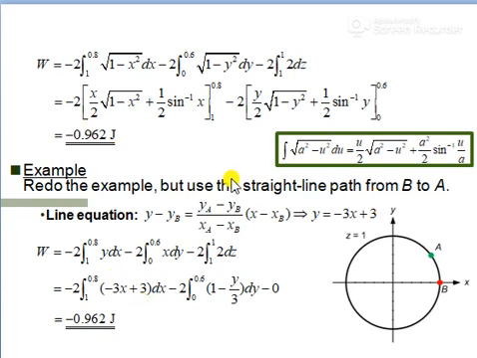This is one example of calculating the line integral or work expended, where you can use the standard formula, integration of root of a square minus u square du, to get the simplified form, because as we integrate over x, this needs to be in terms of 1 minus y square. The value is the same: minus 0.962 here, and minus 0.962 there.